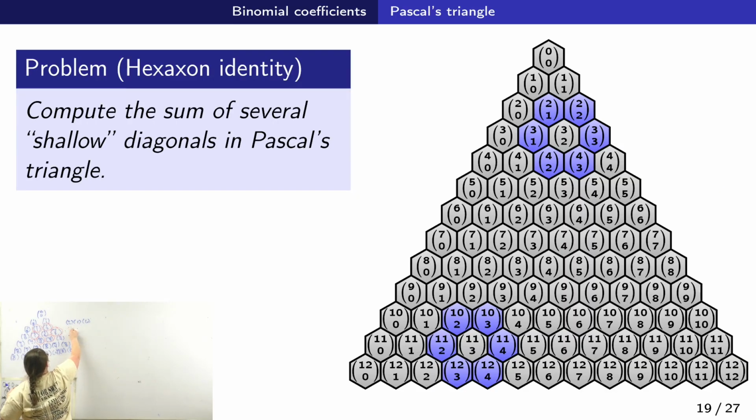And then what's 2 choose 2? And what is 4 choose 3? Great. What happens if we multiply those two together? This is 12. What about up here?